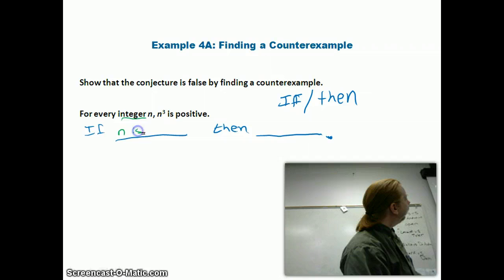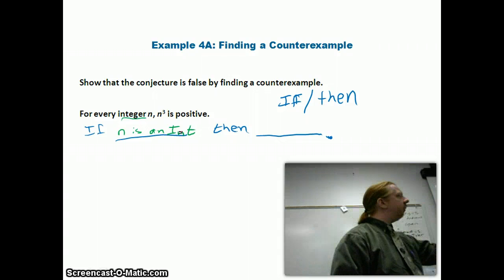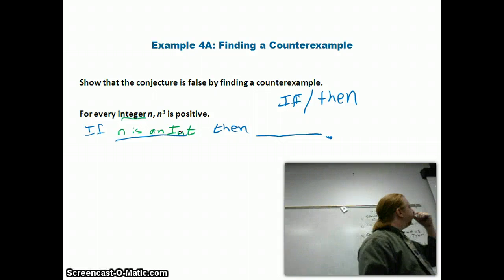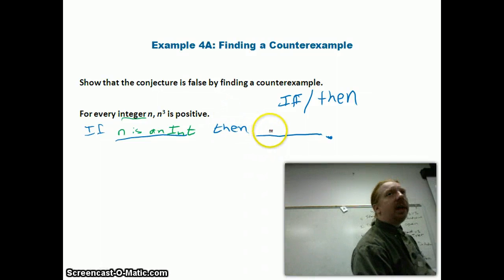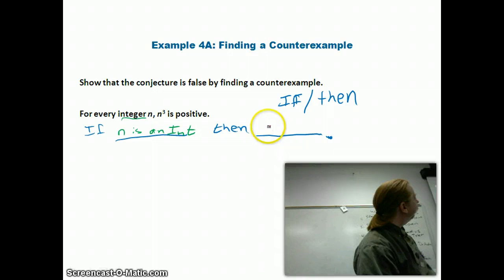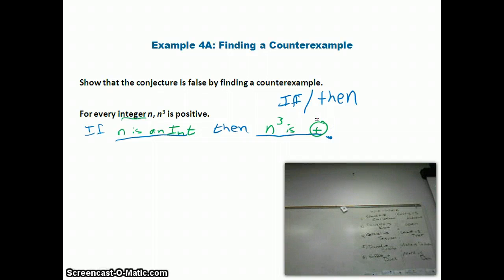If n is an integer. Quick review. What is an integer? Negatives, positives, whole numbers. Okay. Then, what applies? n to the third is positive. So that's that statement turned into an if-then.